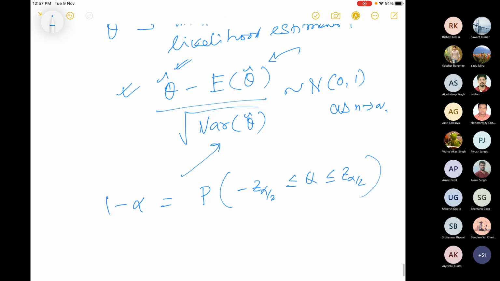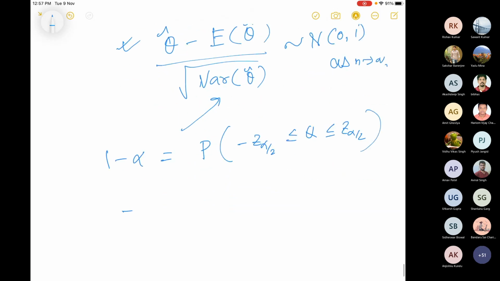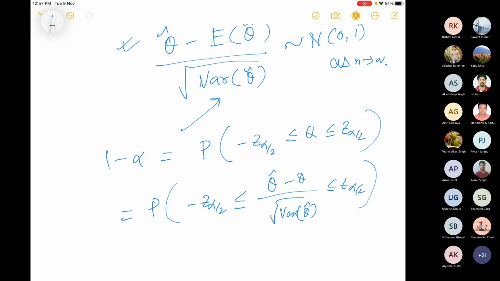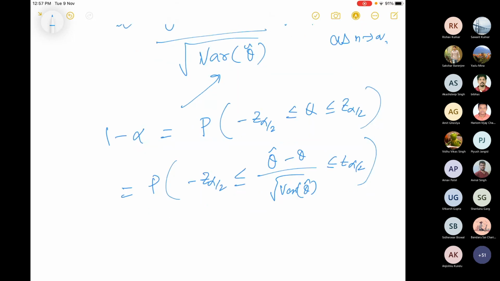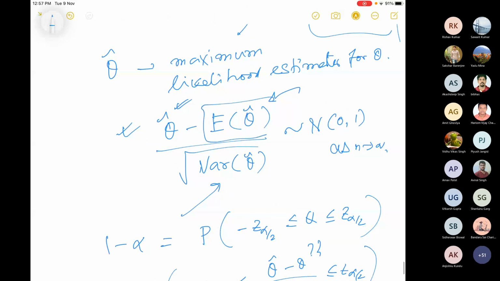Now Q here is, the probability of minus z alpha by 2 less than or equal to theta hat minus theta, divided by the square root of the variance of theta hat, less than or equal to z alpha by 2. Why theta? Can anybody tell me? Think about this. Why am I writing this as theta? It was the expectation of this.